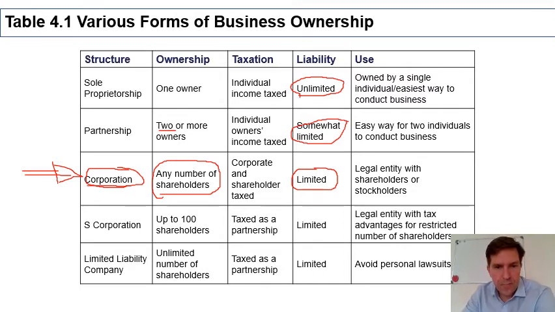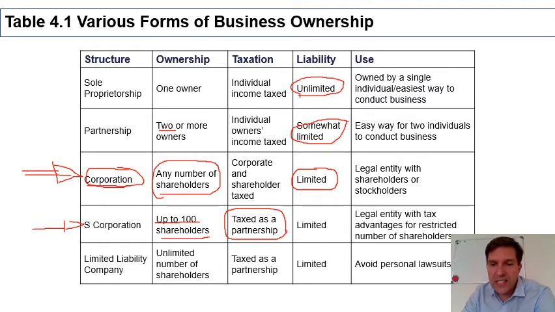Okay. S corporations are a small section of corporations that are a little bit different. It limits the total number of shareholders to 100. Other than that, everything else is essentially the same, except that they are taxed a little bit differently, like a partnership, right?